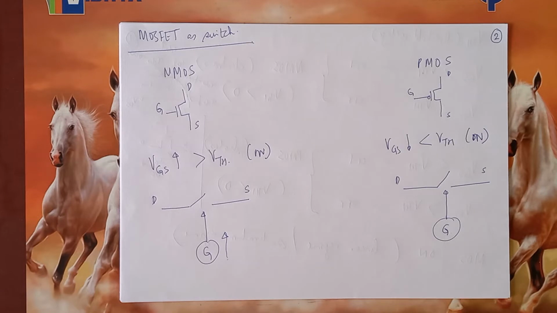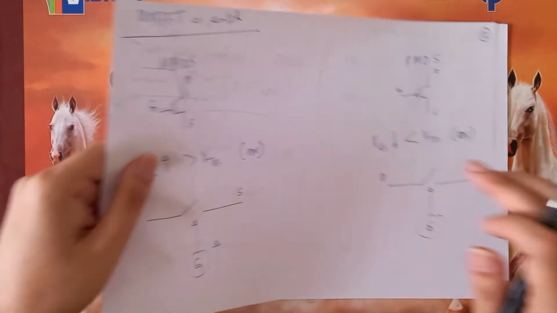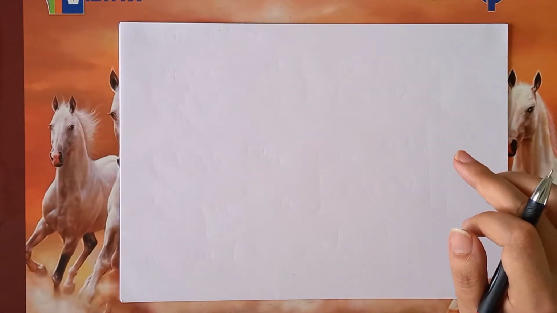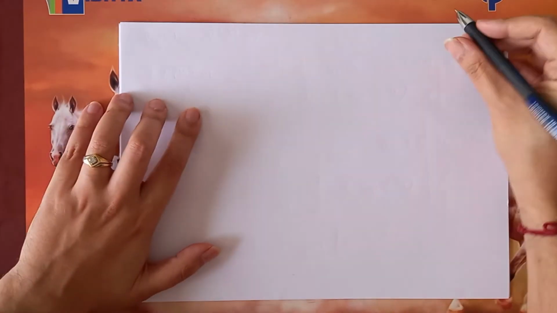So it is as simple as this. All we need to ensure is that the VGS is more than the VTH. Now the question you may ask is how do we ensure that the VGS can be more than VTH?